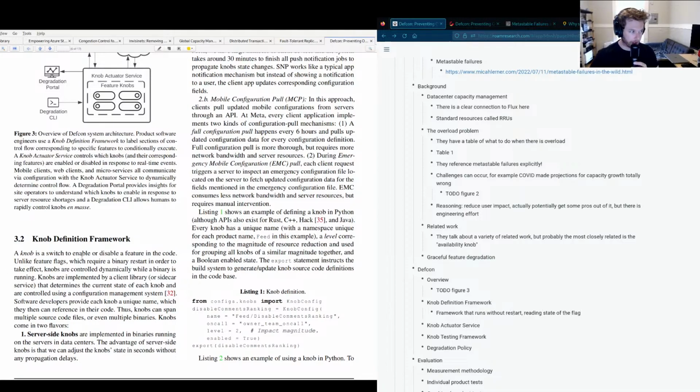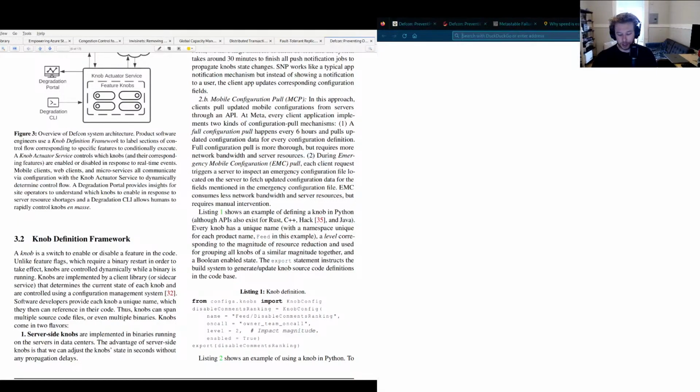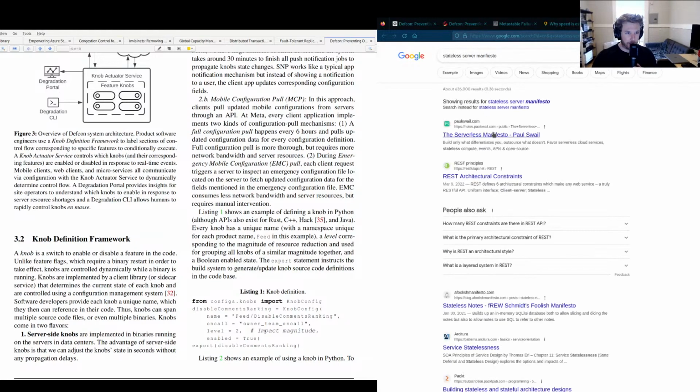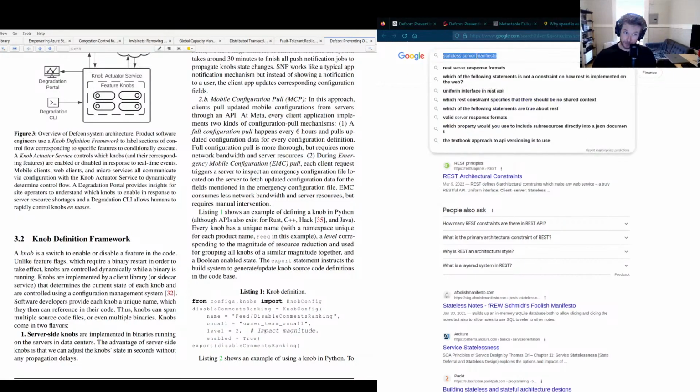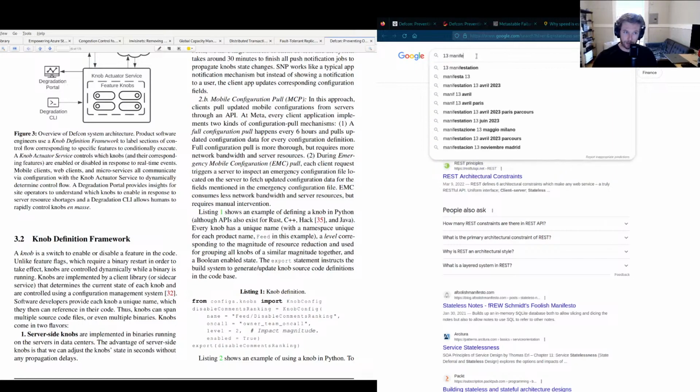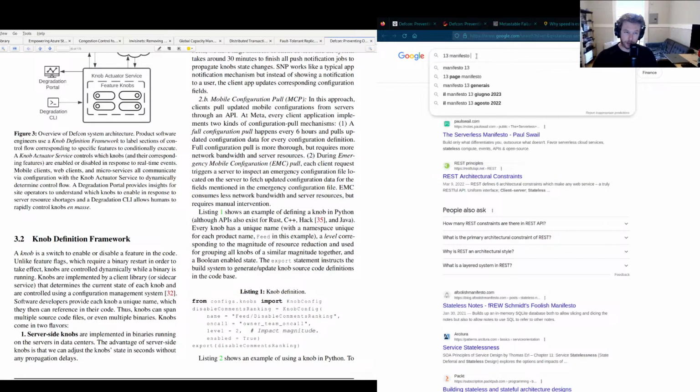So what they're talking about is that oftentimes there are flags in servers. I think this is like, what is it? Stateless server manifesto. Not serverless. It's like 13 manifesto configuration.